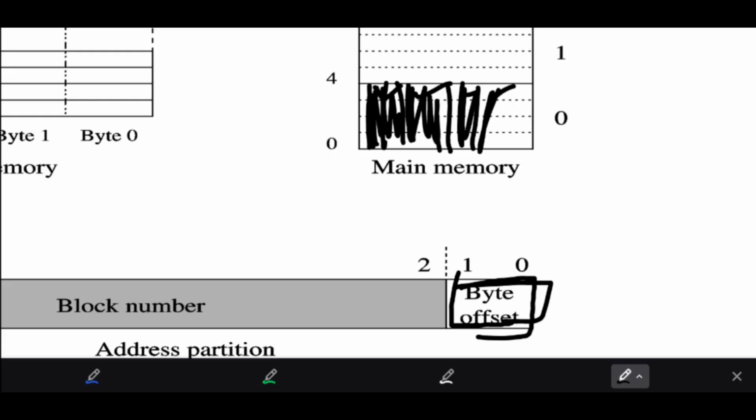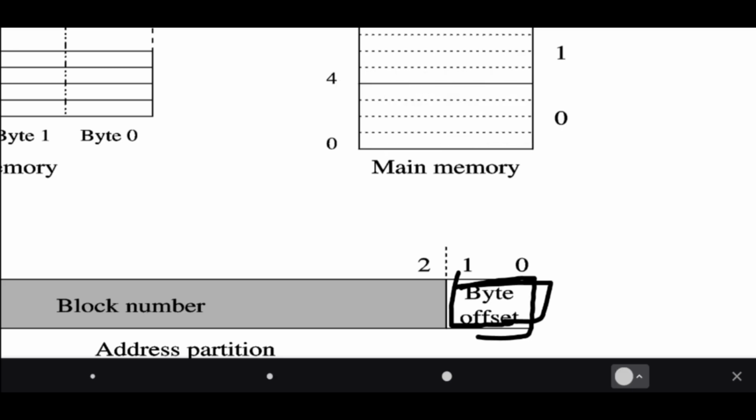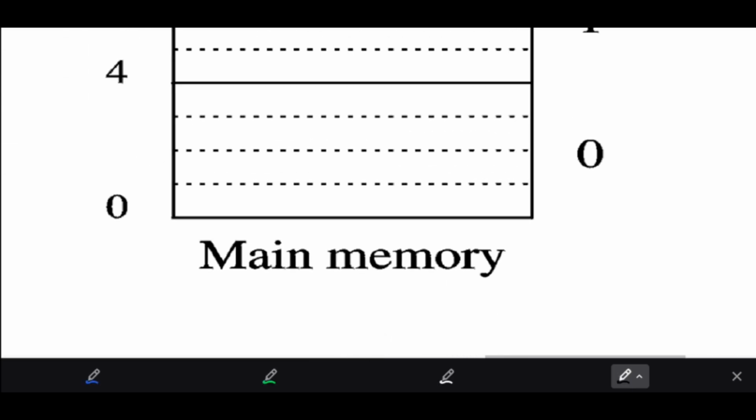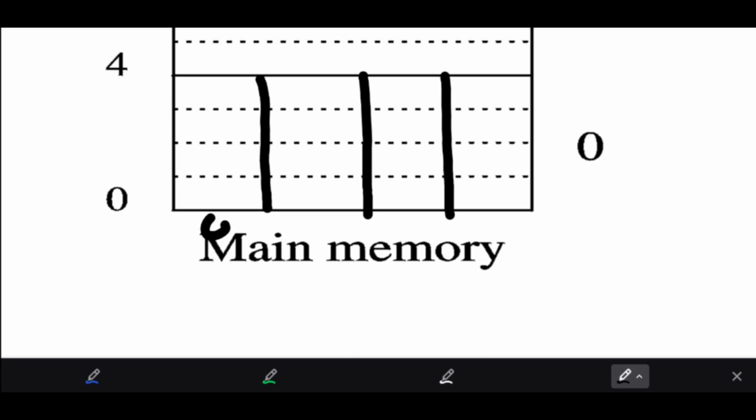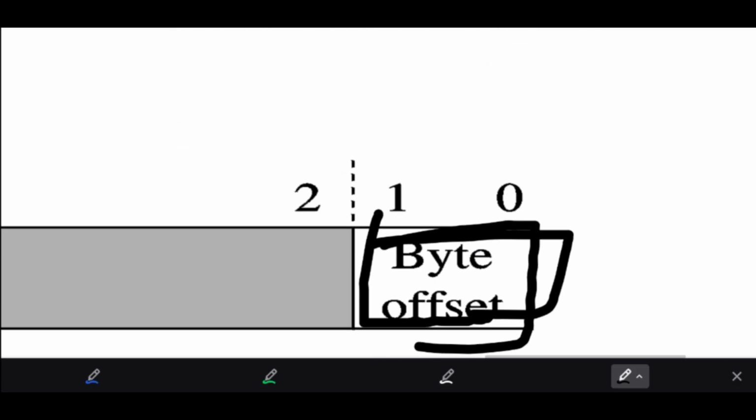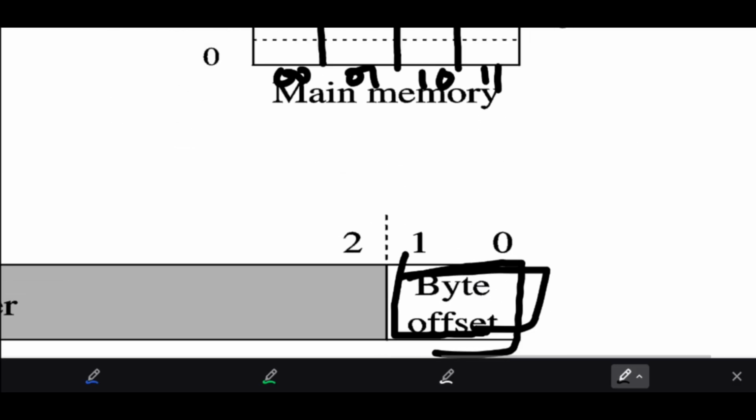There are 4 partitions: partition 1, 2, 3, 4. With 4 partitions, 00, 01, 10, 11 are the addresses of these 4 words.